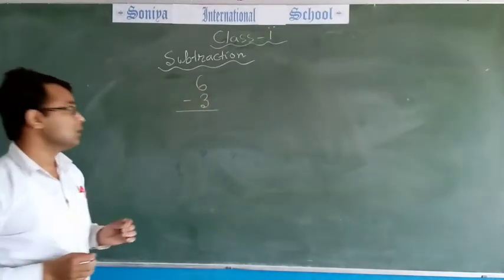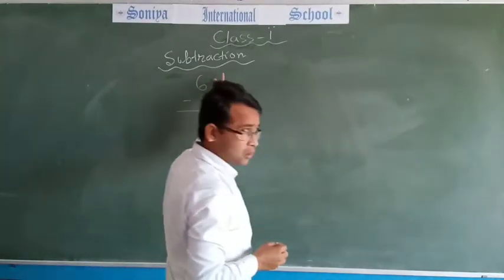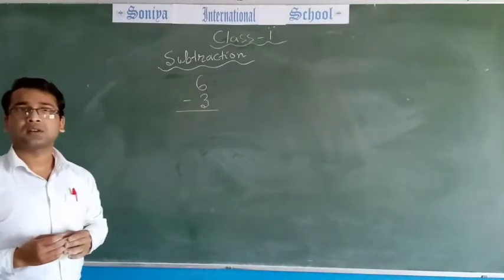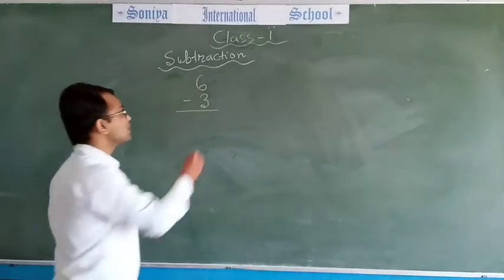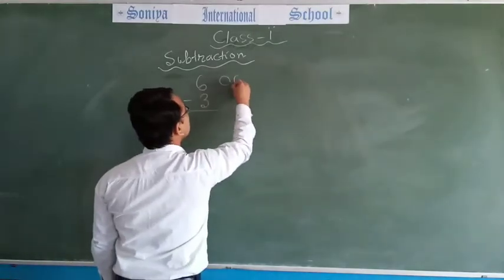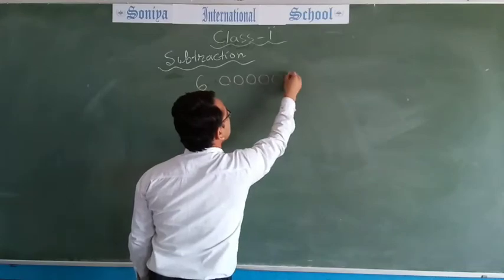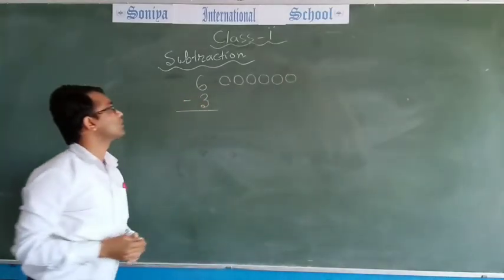First of all, let's draw 6 objects like marbles. 1, 2, 3, 4, 5, and then 6.